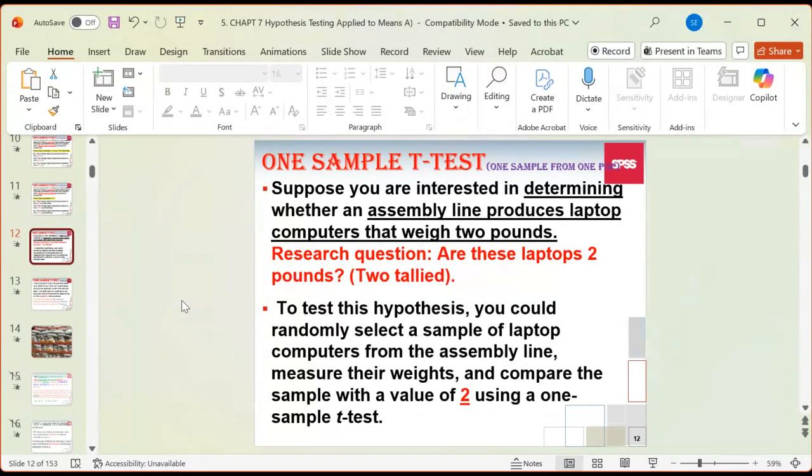We no longer have access to a standard deviation for the population, which, for IQ, is 15, and the mean is 100. But we don't know what the standard deviation for laptops is, or what the average laptop should be. Therefore, we use the t-test. That's the difference between the t and the z.